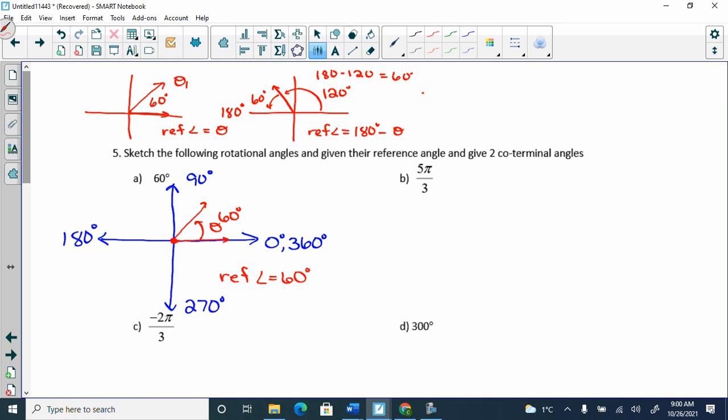So in quadrant 1, your reference angle is your angle. In quadrant 2, your reference angle is always 180 minus the angle. In quadrant 3, what's your reference angle? Theta minus 180, because you want to just get this little angle in here. So if I take 240 and I subtract off 180, I'm going to get 60. Right? So in quadrant 3, your reference angle is always theta minus 180.